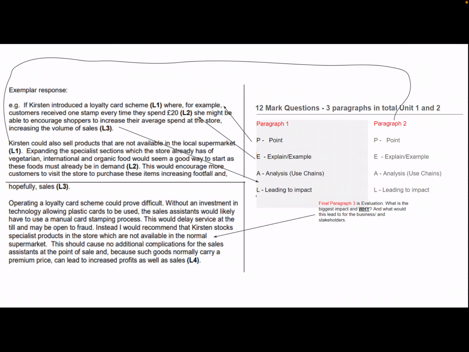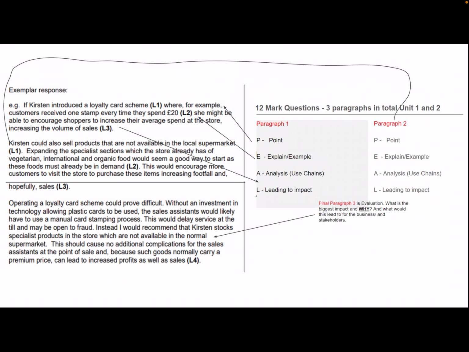So we've got what does it lead to, and then what is the impact. We then, as you now know, do a second point and a second paragraph. And therefore, in this particular example, it's looking at expanding her product range, which is not available at local supermarket.